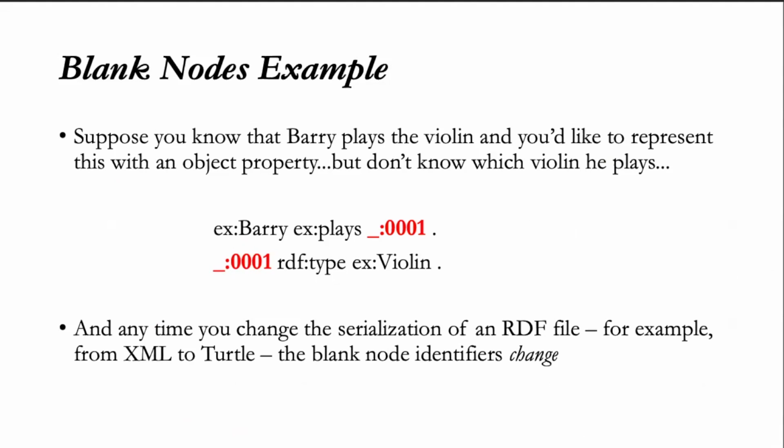So instead of trying to avoid them, the strategy is to make sure that you're either tracking them across serializations, or that none of what you're inputting or using in your systems relies on specific identifiers that are local to a file for blank nodes. You can rely on the IRIs or the URIs all day long, but be aware that if you're relying on blank nodes in this way, then once you do a serialization or come out with another version, you're going to break things.